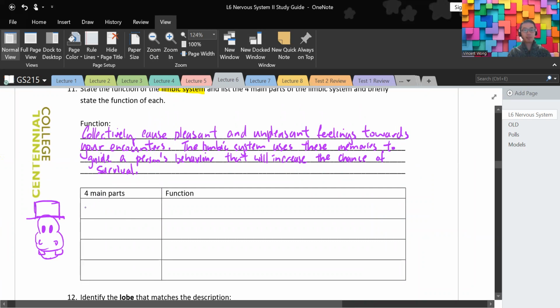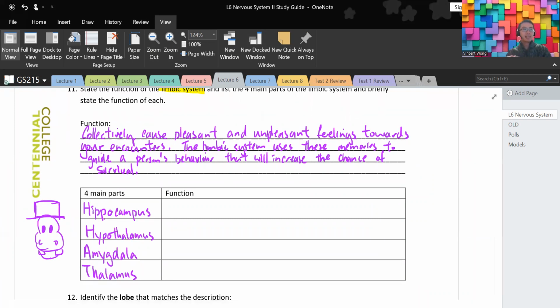Okay, so the 4 parts of the limbic system: the hippocampus, and then a hat, H-A-T. Hippocampus, and then we have the hypothalamus, the amygdala, and the thalamus. So hippo and the hat.